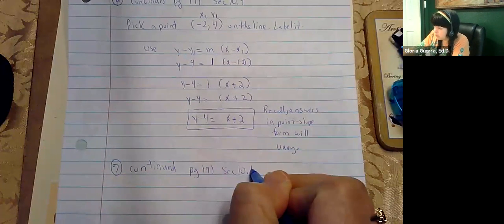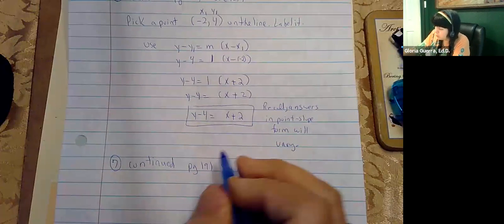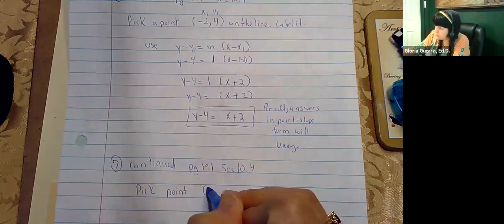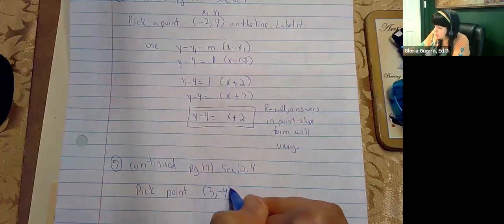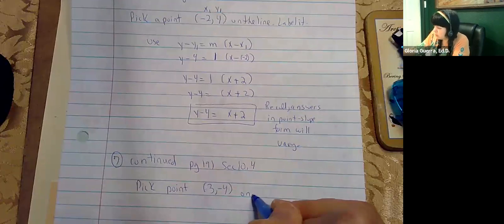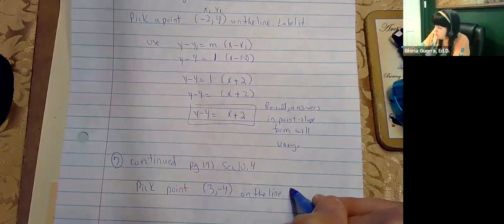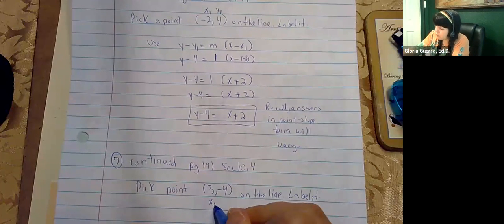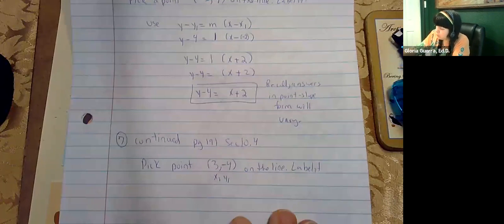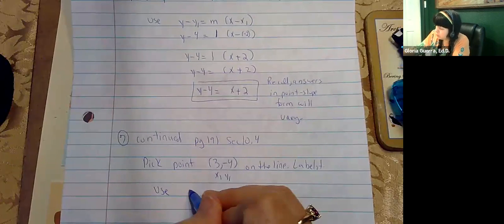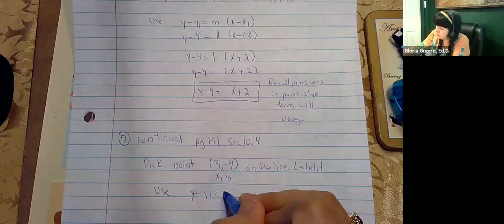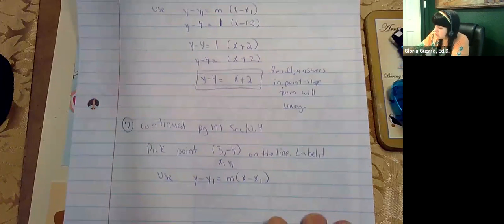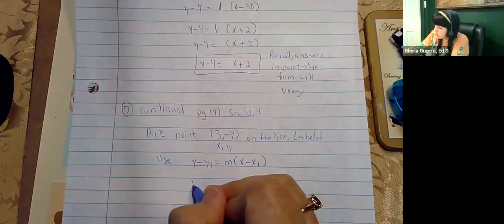Okay, so if we pick point 3, -4, which is on the line, and then we label it, so call it x1, y1, and then we use y minus y1 equals m times x minus x1. Y is fixed, x is fixed.